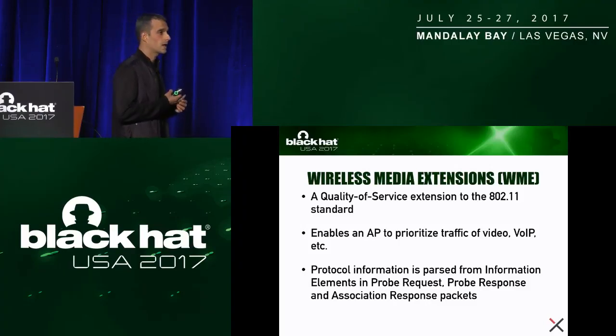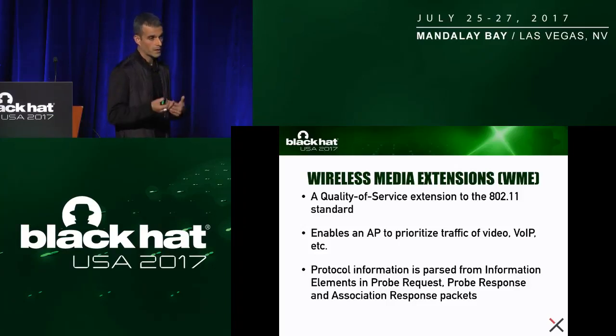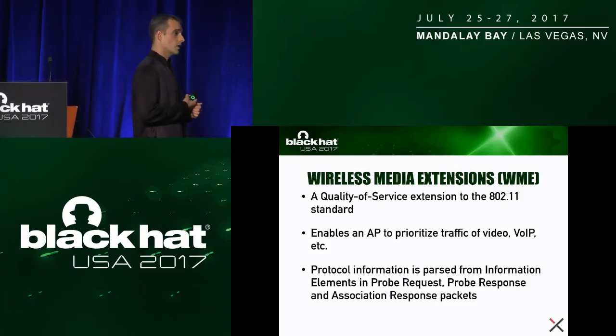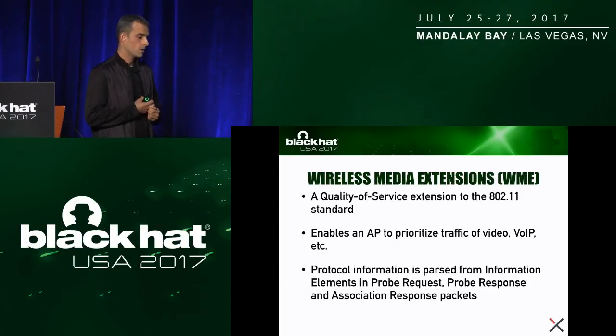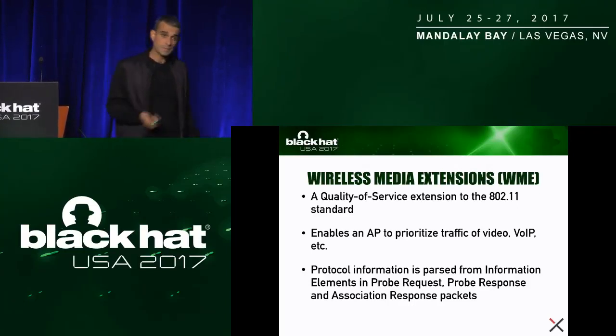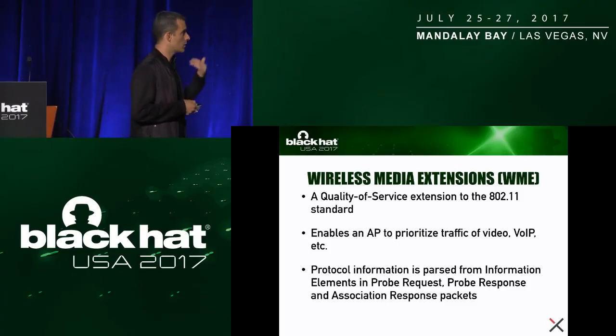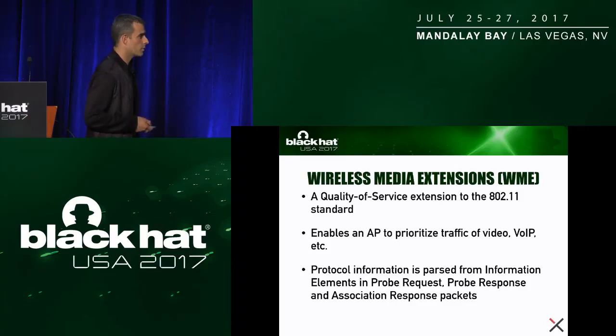For instance, if the client is handling video or voice over IP, then the access point can give priority to the packets which handle traffic which requires good performance. So there's a field in which the client specifies what its requirements are, whether it supports WME or not, and this is being parsed as part of the association process.